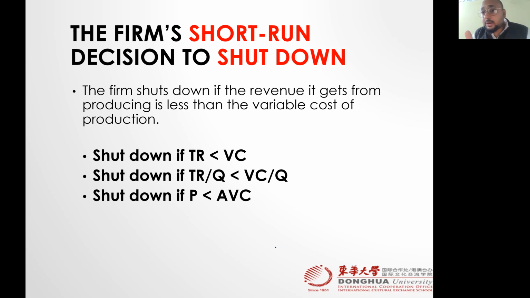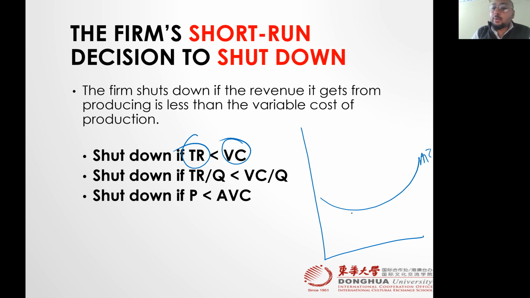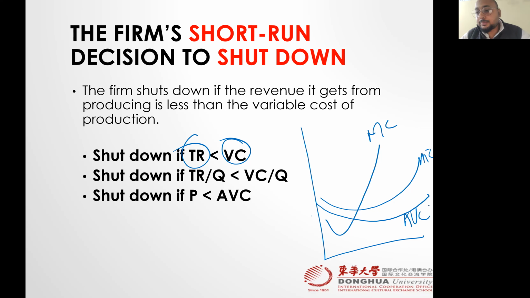So what happens in shutdown? Remember, shutdown is when your total revenue is less than your variable cost. In the short run, average variable cost is also a prime consideration, along with total cost and MC.